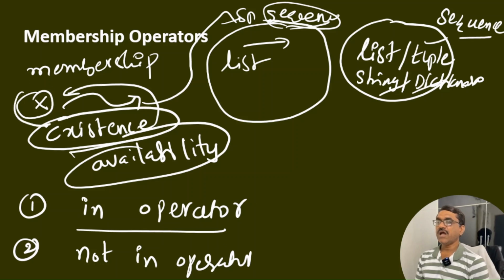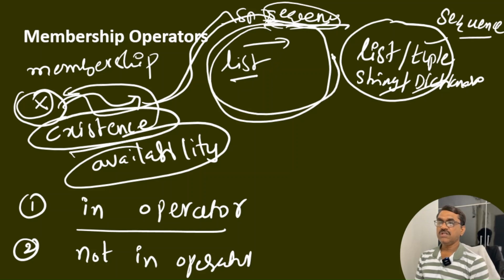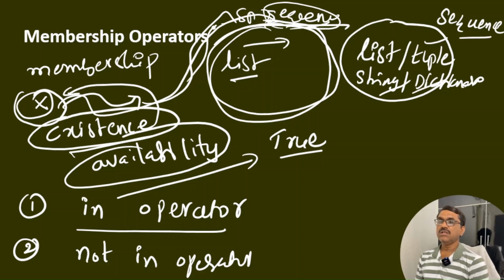If a specific value X is a member of the sequence, or if the value of X is found in the sequence, within this entire circle, then the in operator is going to return true as the result. If X is not a member, or it is not available in this particular sequence, then the not in operator is going to return true.